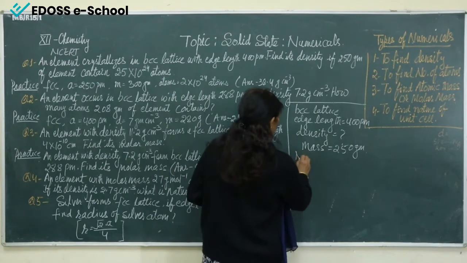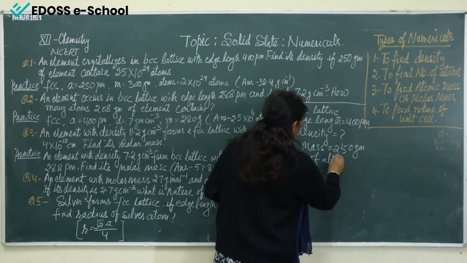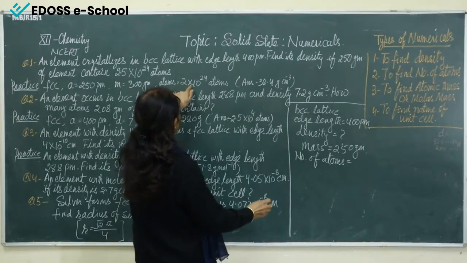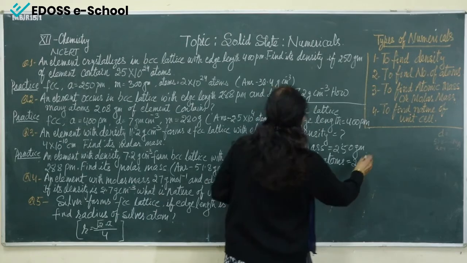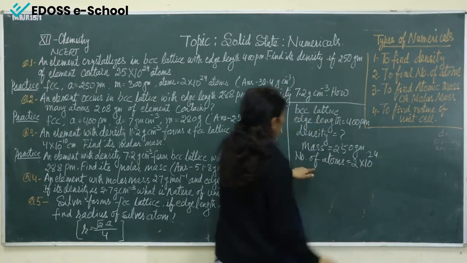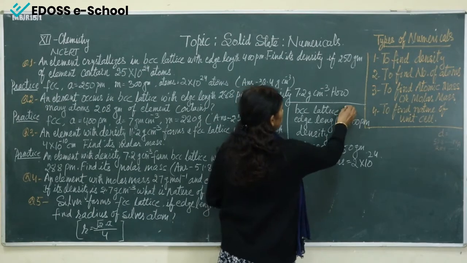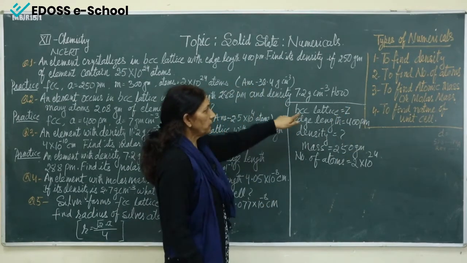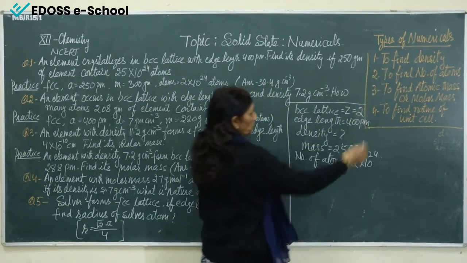So the number of atoms is given to you. Now see, BCC lattice means Z is equal to 2.